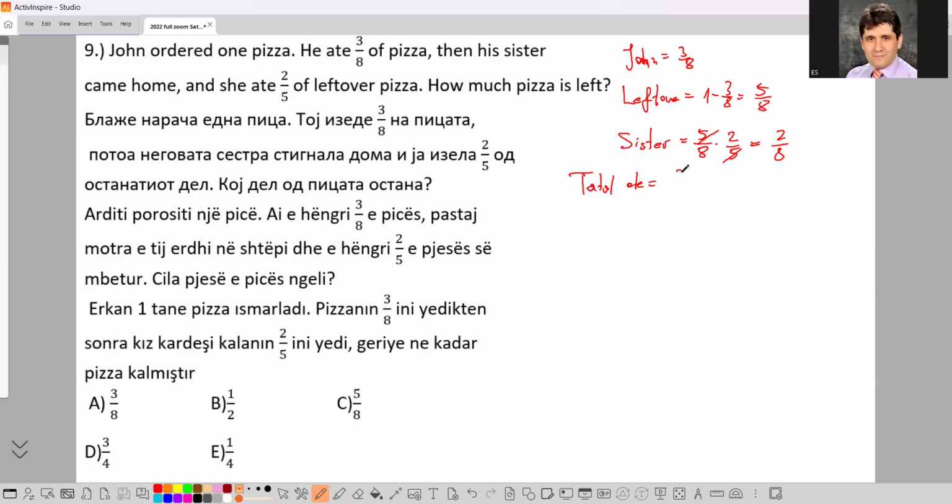John and sister, that's 3 over 8 plus 2 over 8, that makes 5 over 8. So total leftover would be the whole pizza minus the part that was eaten. So it's 3 over 8.